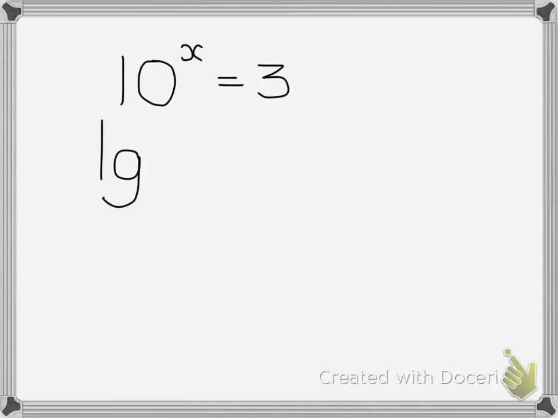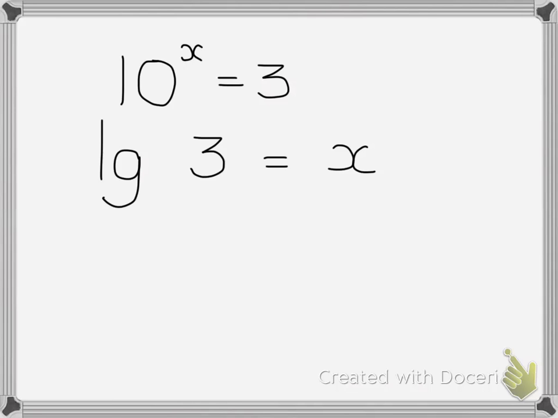The next thing we want to look at is how you key in the calculator. For instance, if you have 10 to the power of x equals 3, how do you do this? First of all, you rewrite this in log. This in log will be LG, which is base 10. The index is x, and the solution is 3.